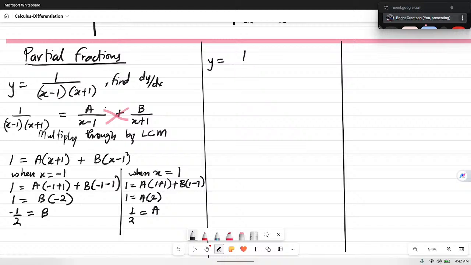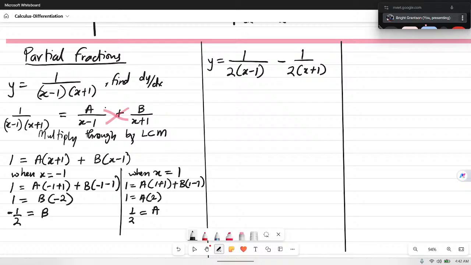It becomes 1 over 2(x minus 1), plus, there's a negative here, right? It's going to affect this one, becoming negative 1 over 2(x plus 1). Now you have your function. So now you're going to find dy/dx.